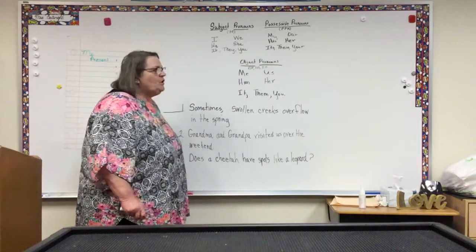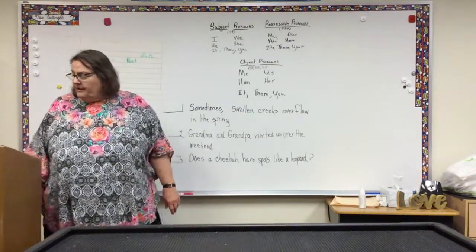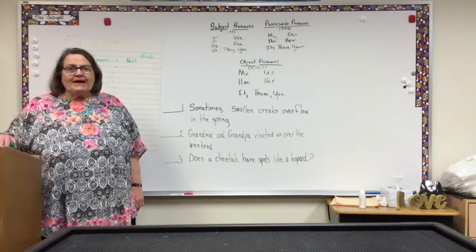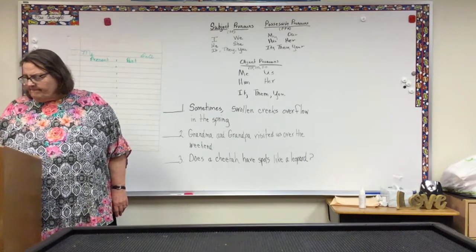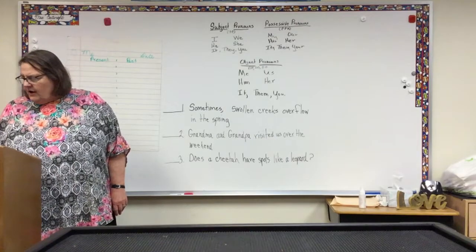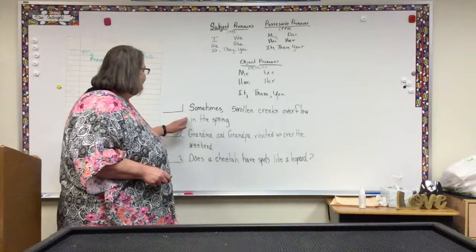Okay, so we're going to start our practice sentences. They're in your book on page 249, and remember guys, you can't mark in these books. We're going to look at the first sentence.